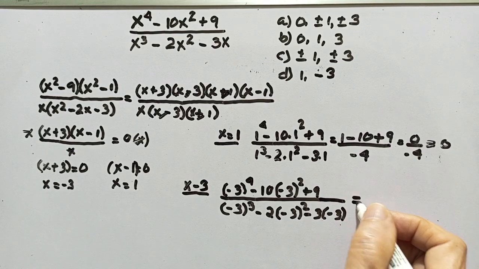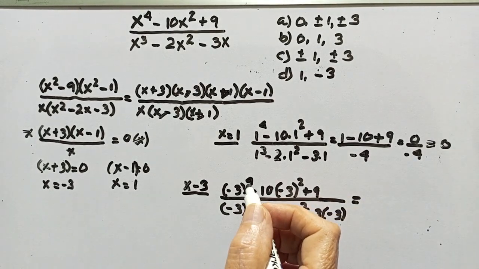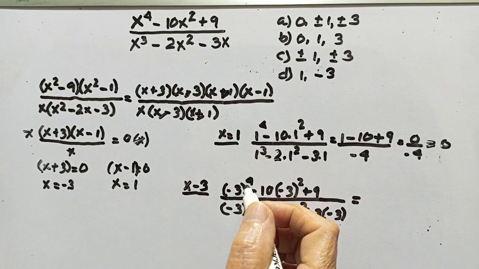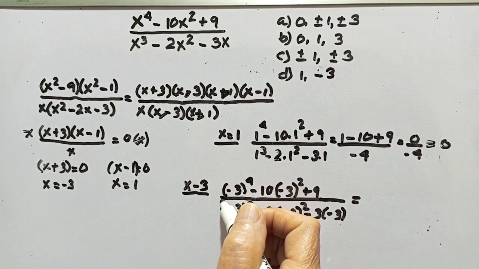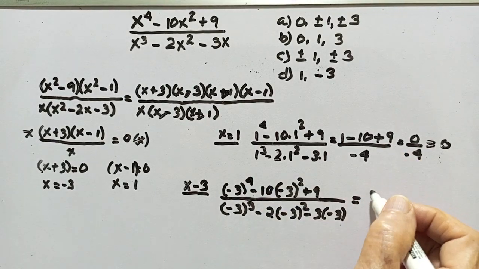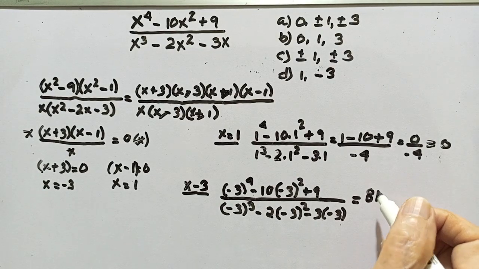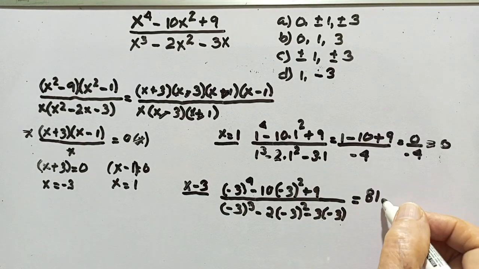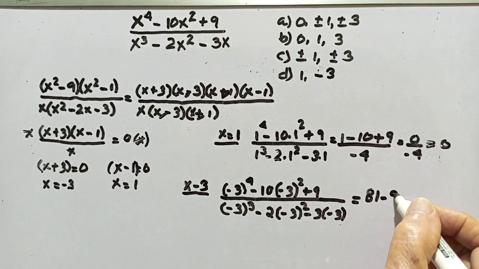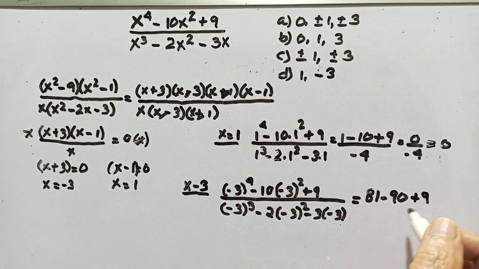And that would be equal to, this exponent is positive or even, so this must be positive. So 9 times, 3 times 3 is 9, times 3 is 27, times 3 is 81. And then this is minus 3 squared is positive 9 times minus 10 is minus 90 plus 9.